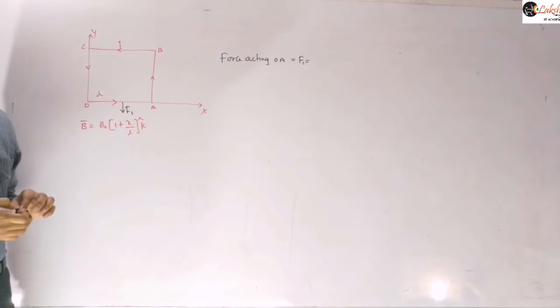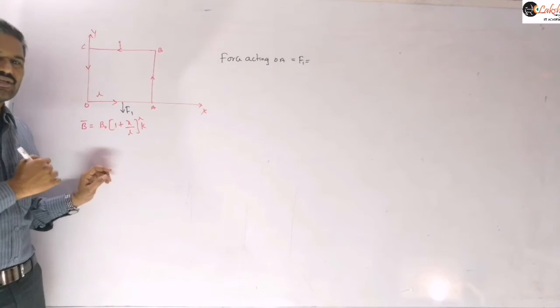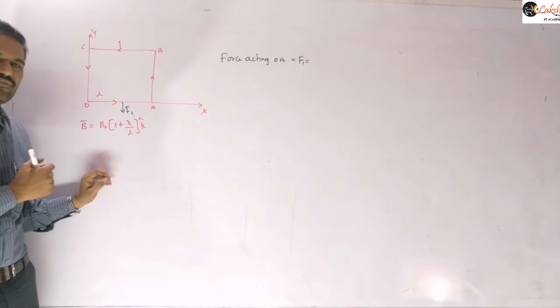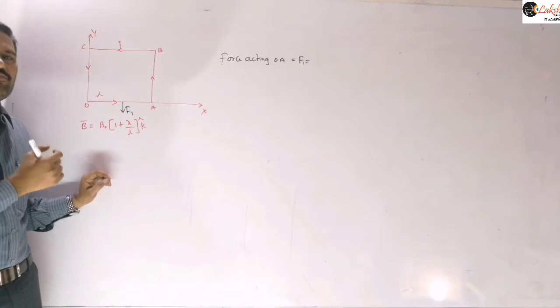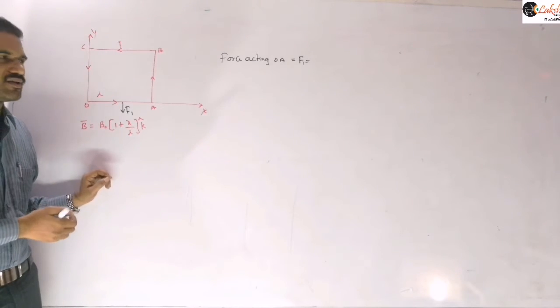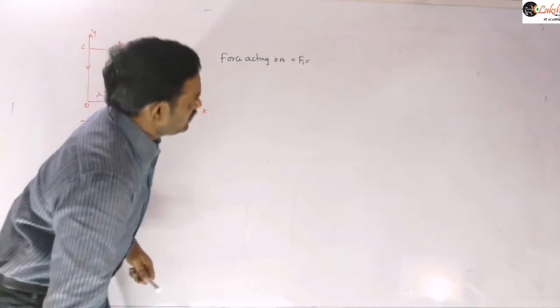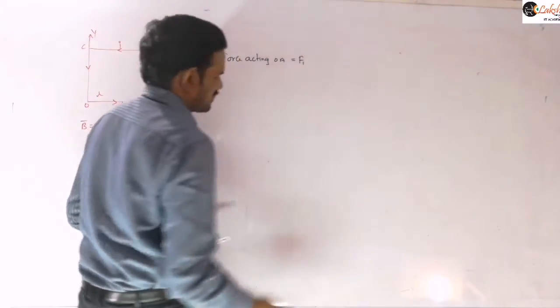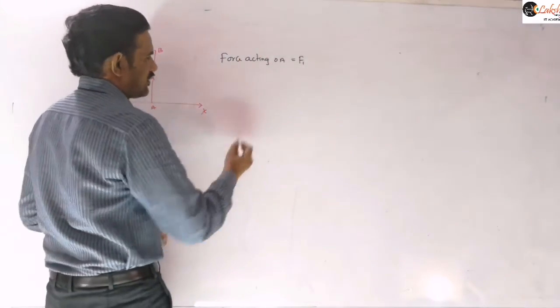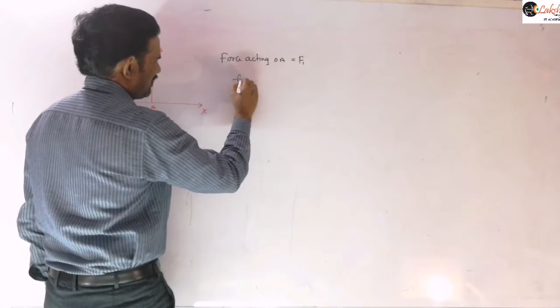And so to find this F1 value directly we can't write our BIL formula. Even though it is a straight wire, if we consider only that OA wire, you can't apply the BIL formula because here B is a variable. So what we need to do is consider a small element and write the force for that small element.